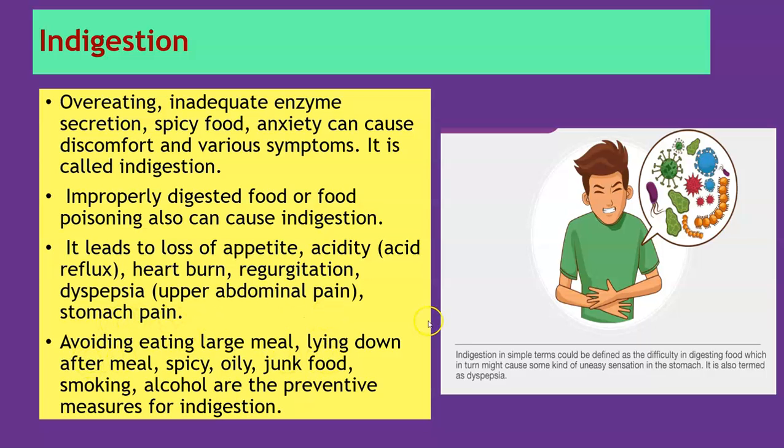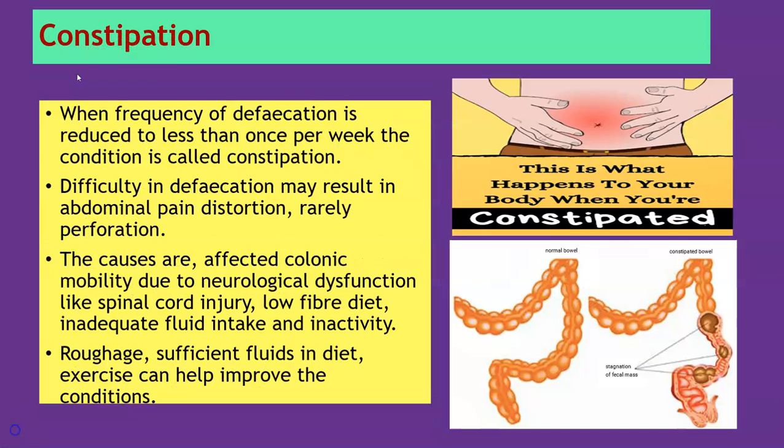So to avoid indigestion, we have to avoid eating large meals, lying down after meals, spicy, oily, junk food, smoking, alcohol, and these are some of the preventive measures for indigestion.